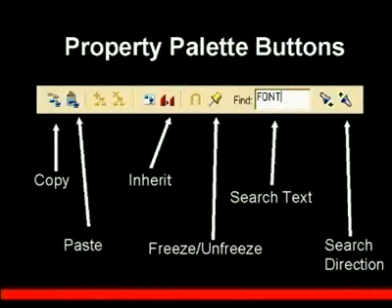Now the property palette, on the top of the list of all the different items, you have this palette of the different buttons. I'm going to run through them, but you're also going to work through these more when you do the exercise to get a better sense of what they mean.